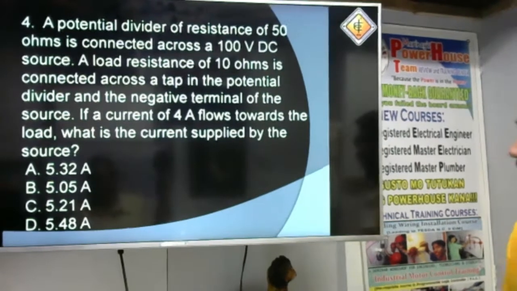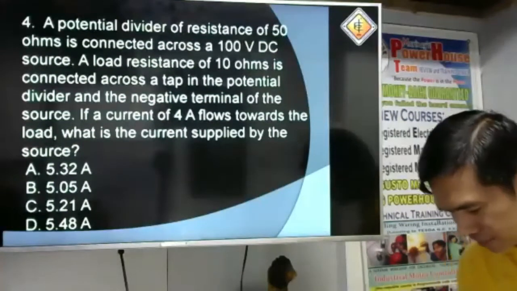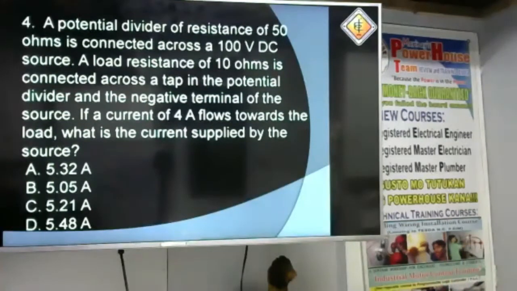Okay. So, a potential divider of resistance of 50 ohms is connected across, I think I have to consider the picture. I don't have the drawing. So we have a potential divider.